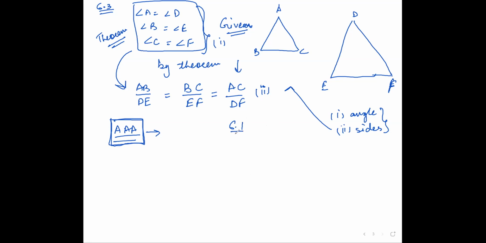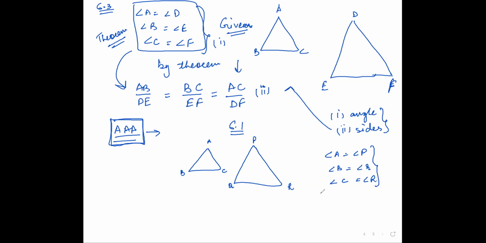Go back to exercise 6.1, right? What we were doing in that exercise, for example, we have two triangles, like this. We were asked questions like check whether these two triangles are similar or not similar. First of all, we were checking the angles: whether angle A is equal to angle P, angle B is equal to angle Q, and angle C is equal to angle R. If all are equal, one condition is satisfied for similarity.